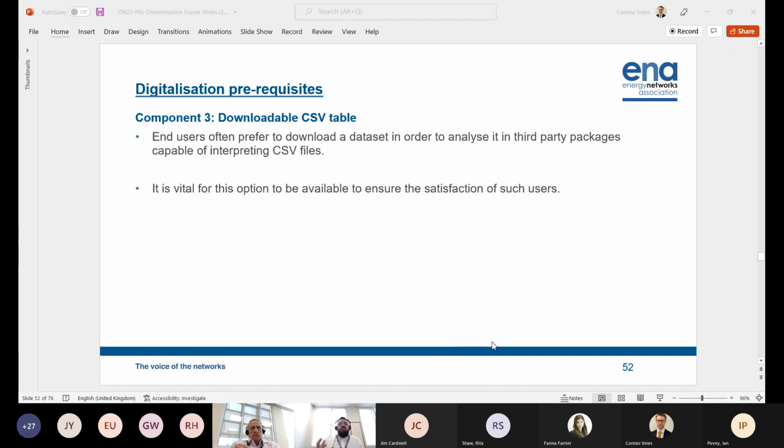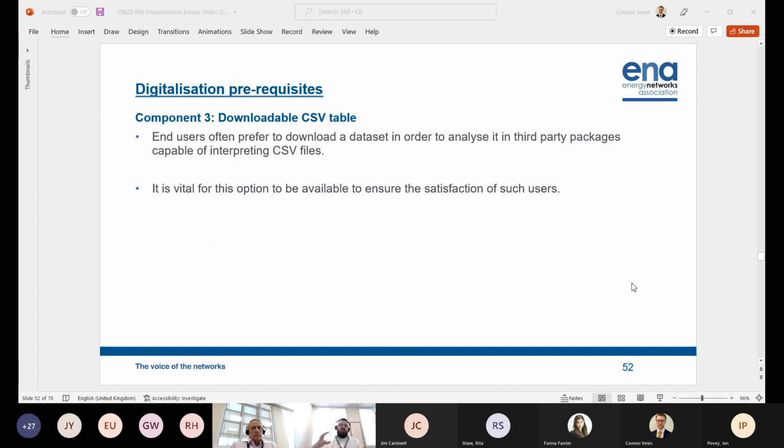So the third and final component of the digitalization strategy is to allow this information to still be available in tabular format, either to browse readily on each DNO's website, or to have it downloaded as well, and analyzed in any third-party package that is capable of interpreting a CSV file.